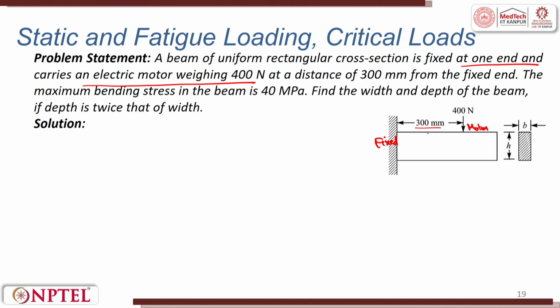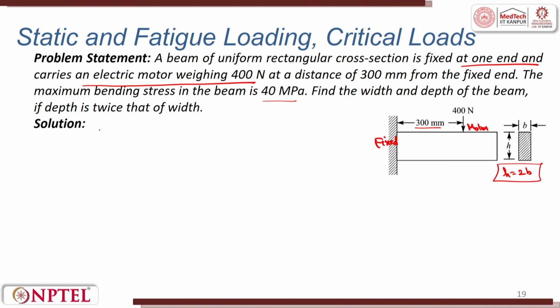The maximum bending stress in the beam is 40 megapascal. Find the width and depth of the beam if depth is twice that of width. That is, this h and b is given. We have been given this h is equal to 2 times b.